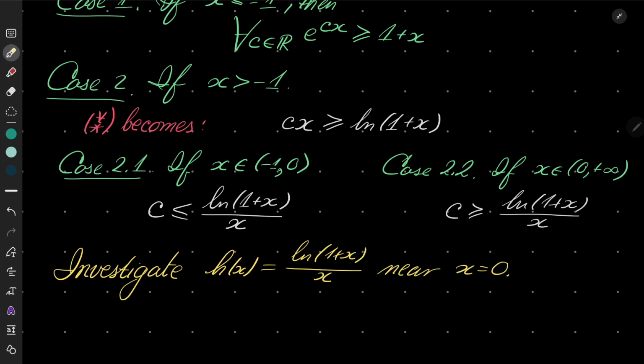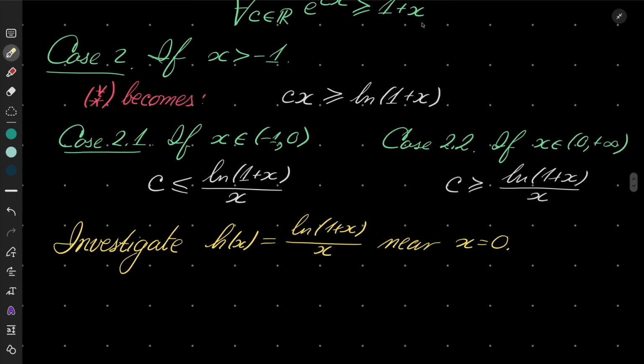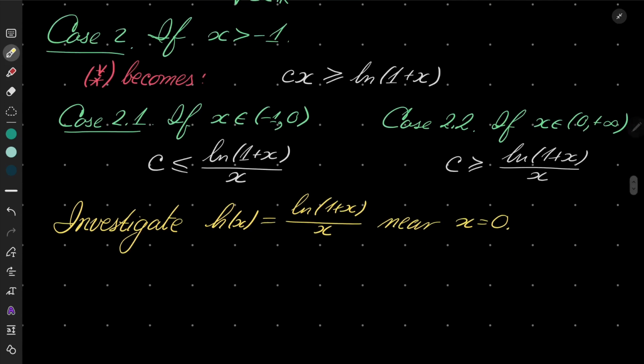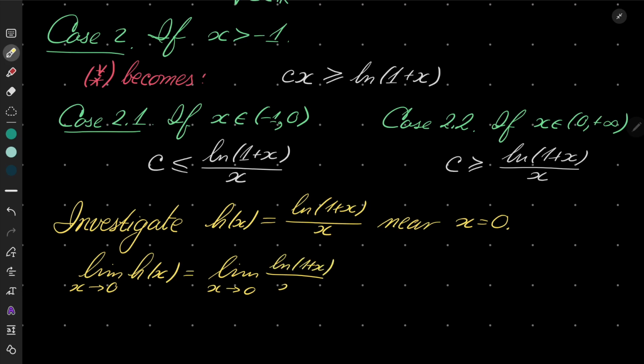Okay, so let's do exactly that. First of all, I want to find the limit as x goes to 0, sorry, of h of x: the limit as x goes to 0 of natural log of 1 plus x over x.